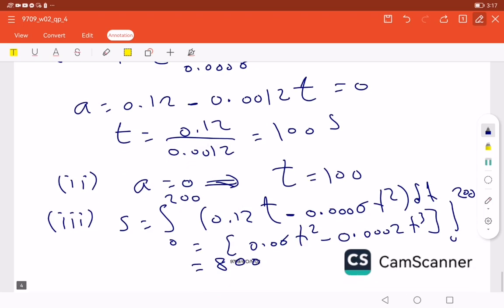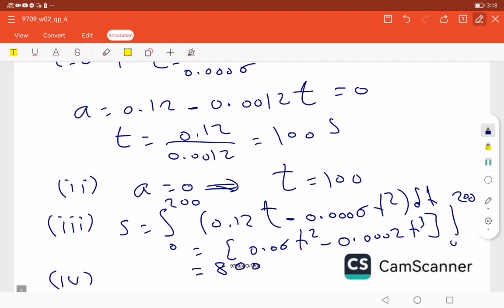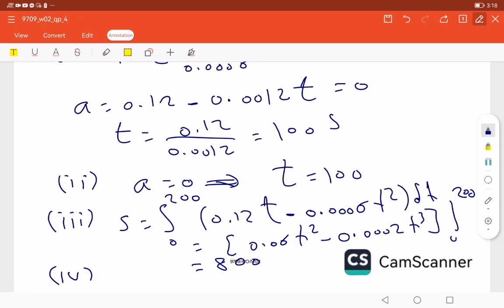And the last one, part iv. We need to find the value of t when P reaches O again. Reaches O again means s equals 0, displacement equals 0.